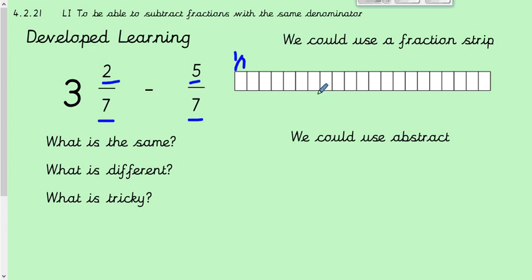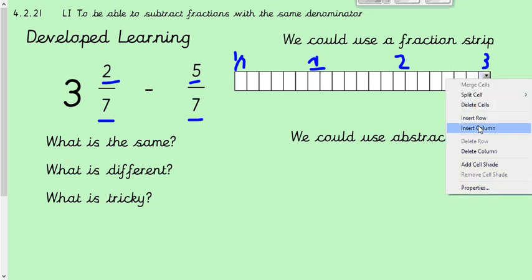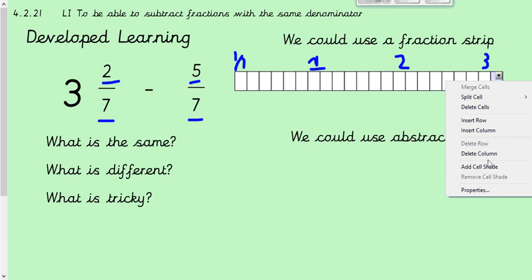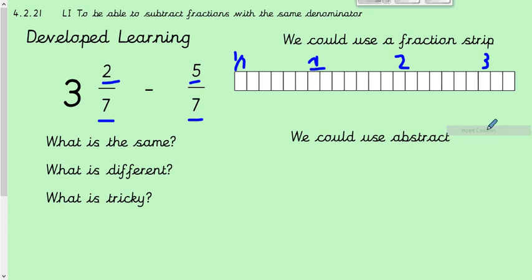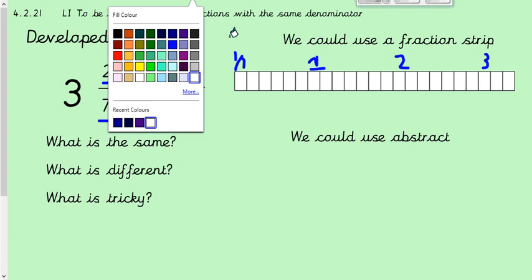That's 1 whole. Then we count another 7. That's 2 wholes. 1, 2, 3, 4, 5, 6, 7. That's 3 wholes. So we do just need to add a few more on. There we go. I'm going to shade in 3 of those wholes because we've done those.